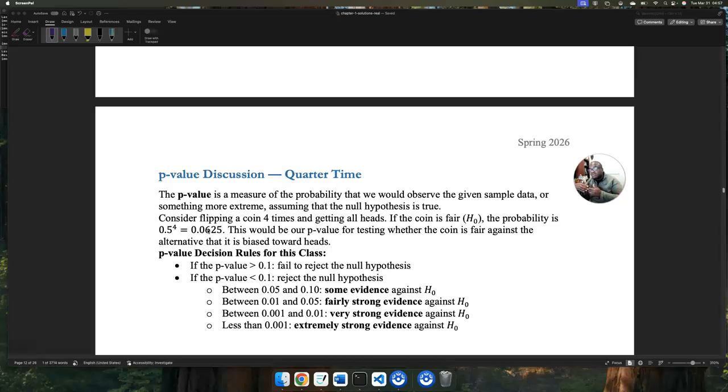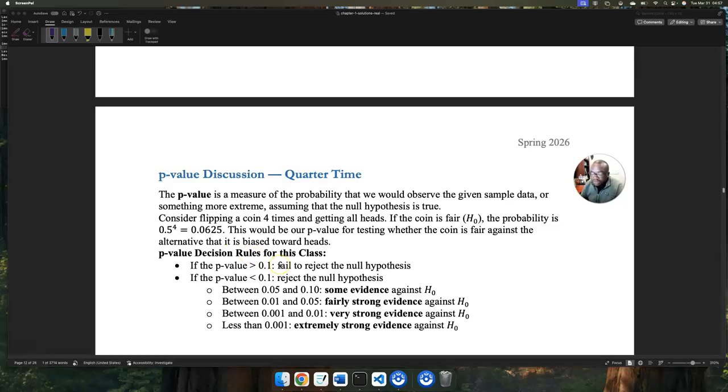Let's say, for example, we're getting a probability that's even smaller than 0.06. Let's say it's 0.00001. That's a really unlikely event to occur.